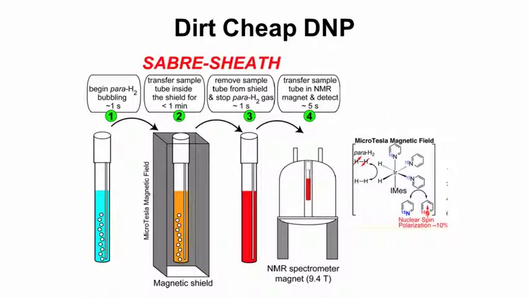So what's done is you bubble a paramagnetic material, in this case paramagnetic hydrogen gas, which isn't too harmful, and you also put in an organometallic compound, typically an iridium type compound, which helps catalyze the transfer of the hydrogen paramagnetic ions to the recipient molecules of interest.